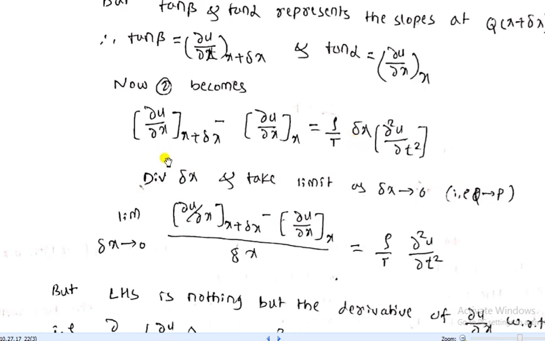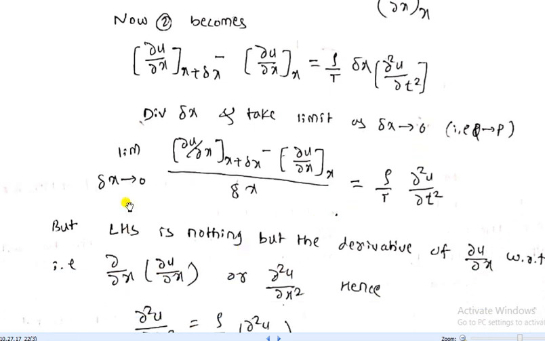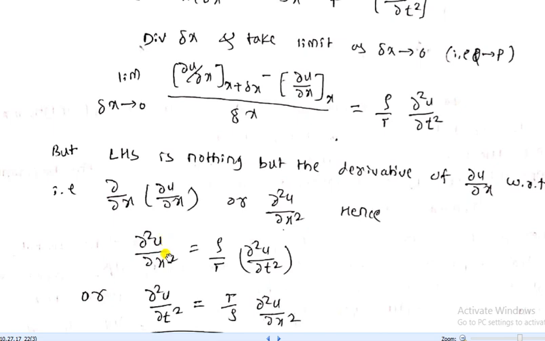After dividing by delta x, the left hand side is (∂u by ∂x at x plus delta x minus ∂u by ∂x at x) divided by delta x, equal to rho divided by T into ∂²u by ∂t². Then take the limit as delta x tends to 0. The left hand side is nothing but the derivative of ∂u by ∂x with respect to x, that is ∂/∂x of ∂u/∂x, which denotes ∂²u by ∂x². Therefore ∂²u by ∂x² is equal to rho divided by T into ∂²u by ∂t².